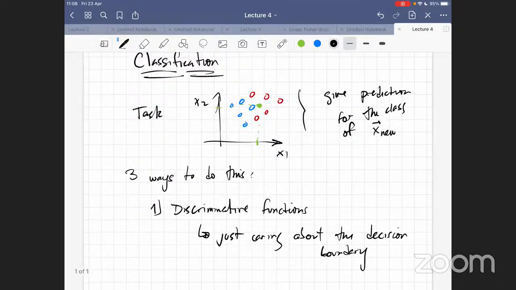It may be, for example, that you want just to care about something like this, and that's it. Your scope finishes there. There is no more insight that you want to extract. You just want to classify a point.